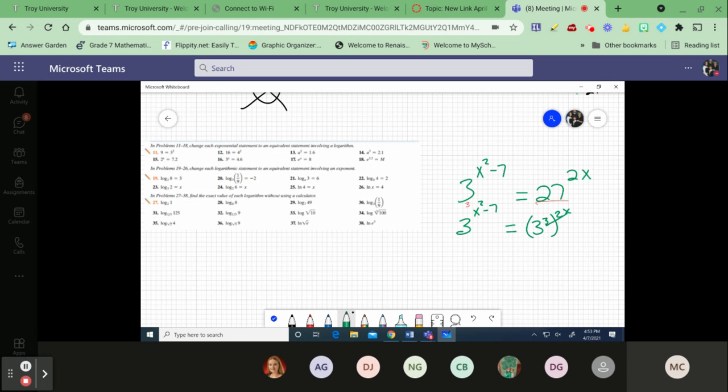When I have a power raised to a power, what do you do with those exponents? Multiply. So I have 3 to the x squared minus 7 equals 3 to the 6x.